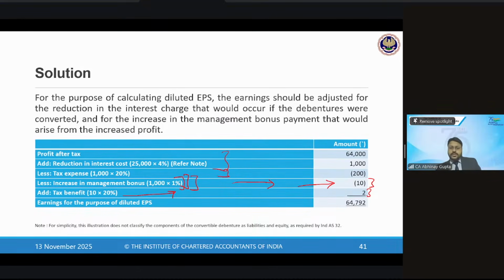There are two choices: either you always multiply all your adjustments by 1 minus the tax rate, or present the tax separately, but don't miss the tax adjustment. Once you are done with the numerator calculation, you update the denominator and see the final result. If this final result is anti-dilutive, it will be ignored, and basic and diluted will remain the same.